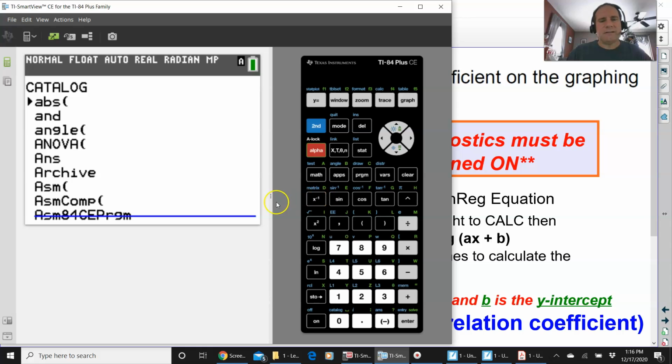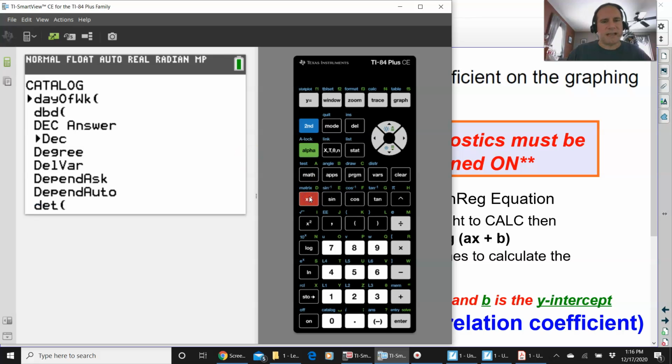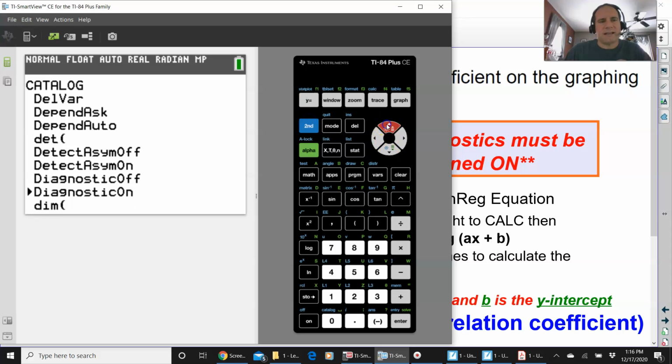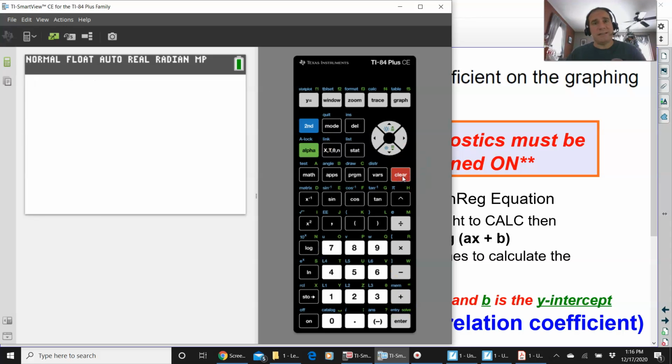It'll skip to the D's, and that'll give you less to jump down to. Now you could go to diagnostics on and press enter, and then press enter again. It's done. I think the mode is easier to put the diagnostics on, but you do whatever you need to do to get that diagnostics on.